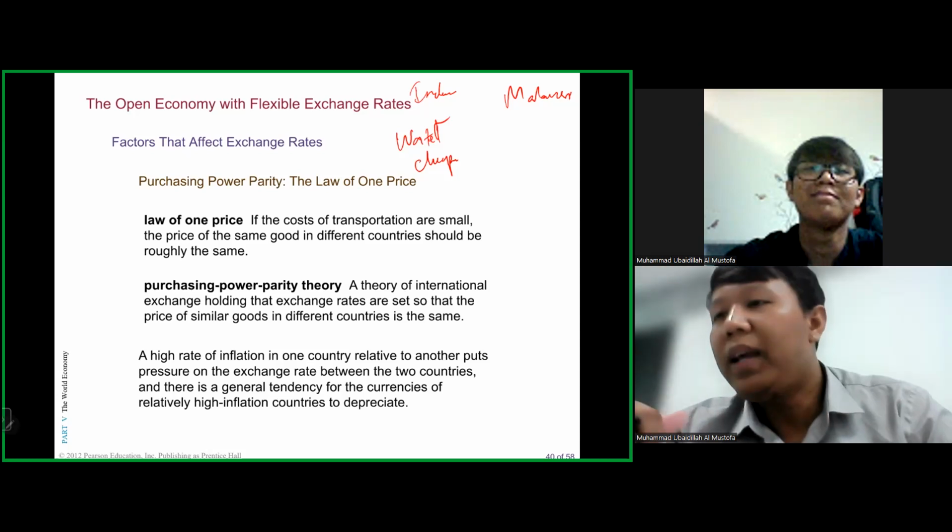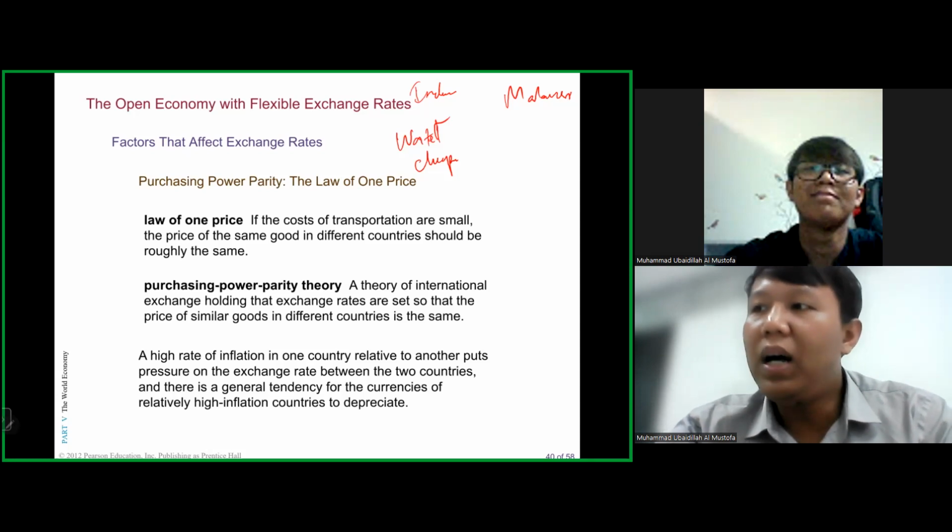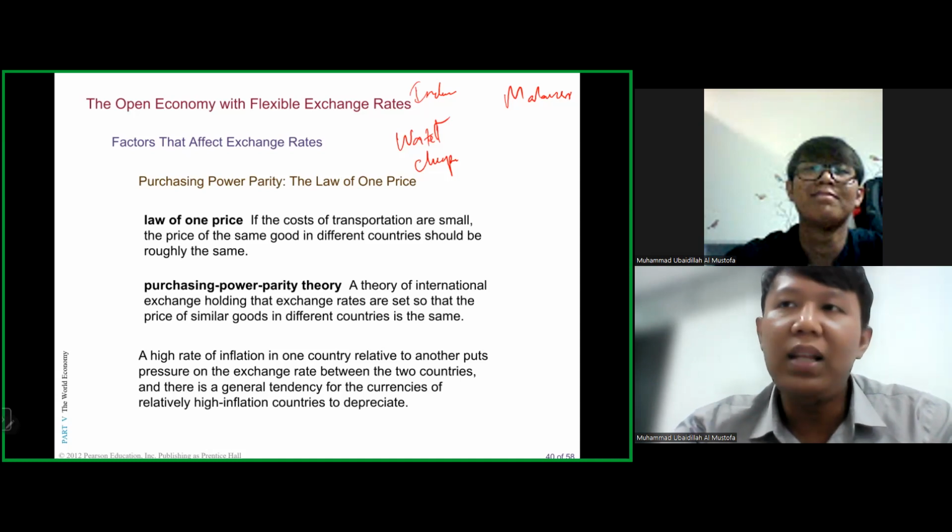Here it says that a high rate of inflation in one country relative to another puts pressure on the exchange rate between the two countries. So whenever we have inflation in one country, it will affect the exchange rate between the two countries.